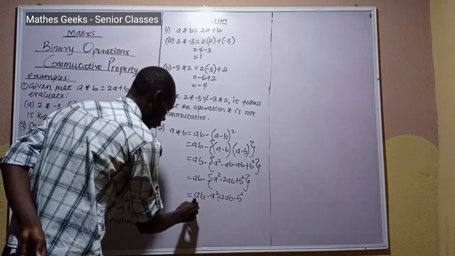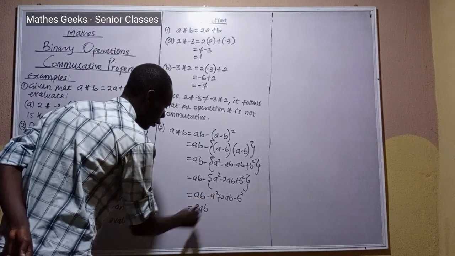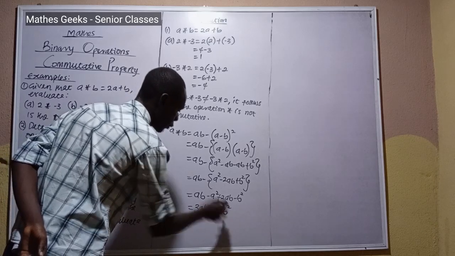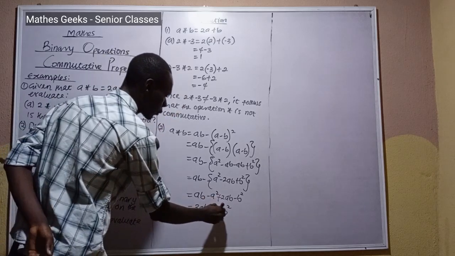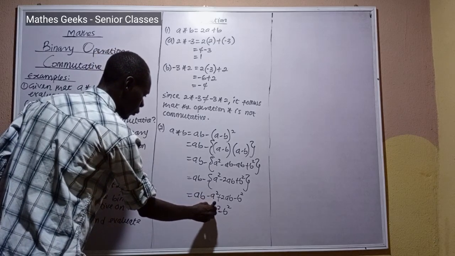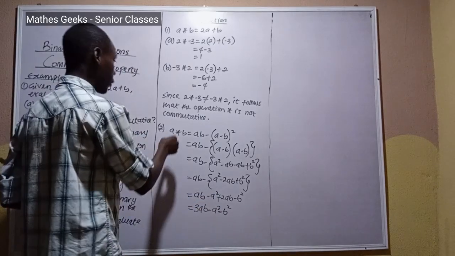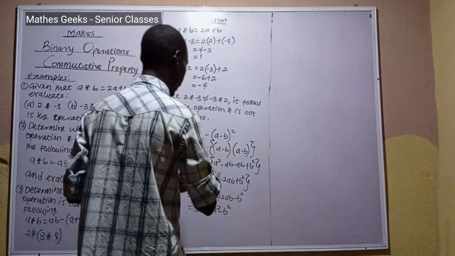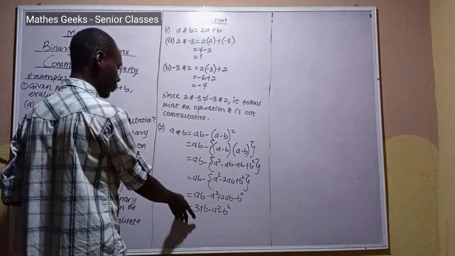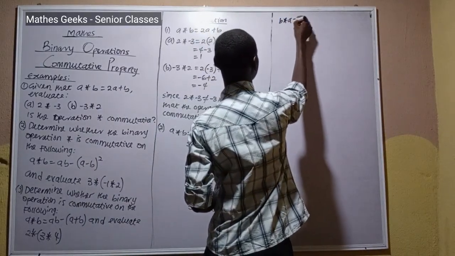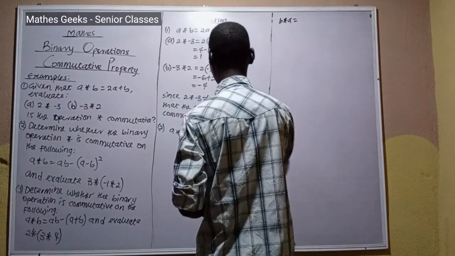AB plus 2AB is 3AB minus A squared minus B squared. For us to determine if the operation star is commutative, A star B must be equal to B star A. So we simplify A star B. Now let's get B star A. So I'm going to change the order.